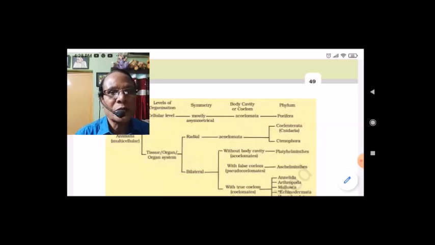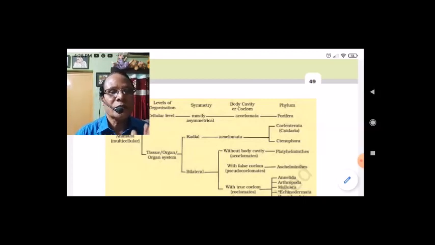But in the case of pseudocoelomate animals, the blastocoel is not transformed into archenteron. So it remains as such. That's why it's known as the remnant of the blastocoel. The pseudocoelom is nothing but the remains of the blastocoel. It's not transformed, it remains as such even in the adult. That is known as pseudocoelom, as seen in the case of Aschelminthes animals.